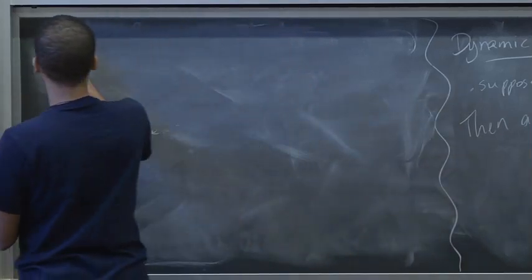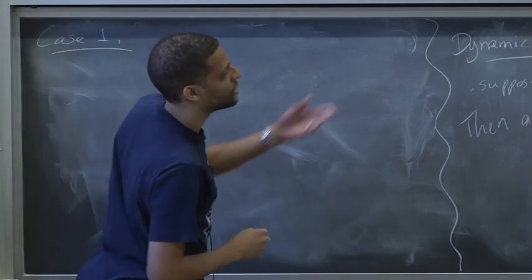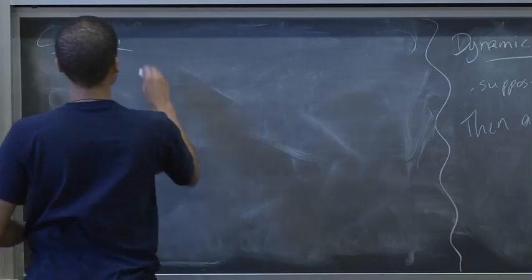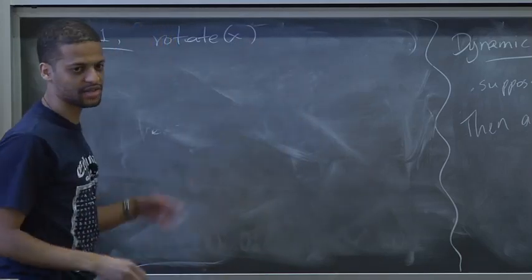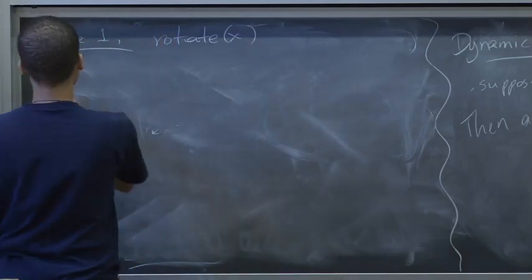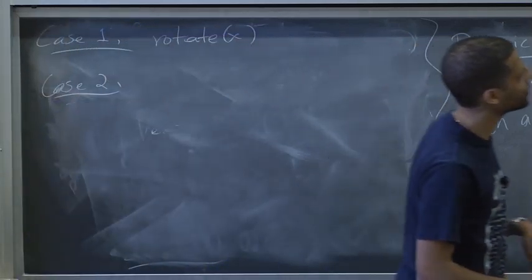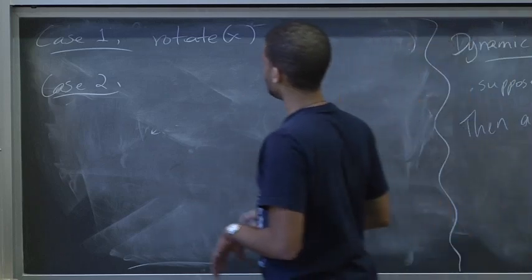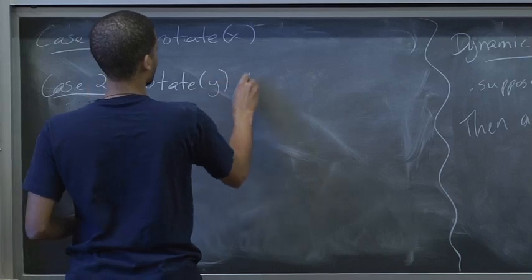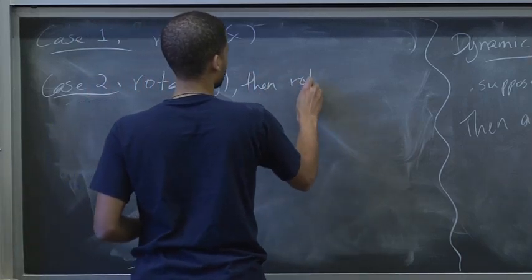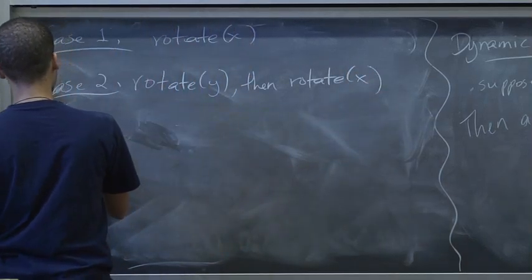So case one. y is the root. We'll just do rotate x, and now x is the root. Case two, we have left-left or right-right. We'll do rotate y, then rotate x. And then we have case three.